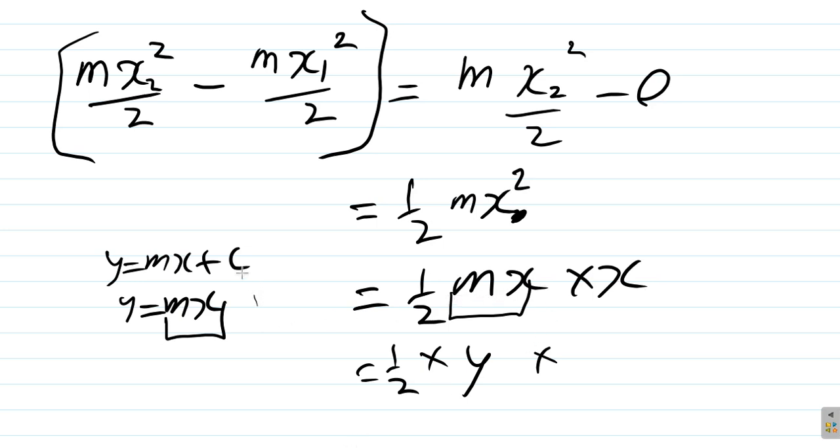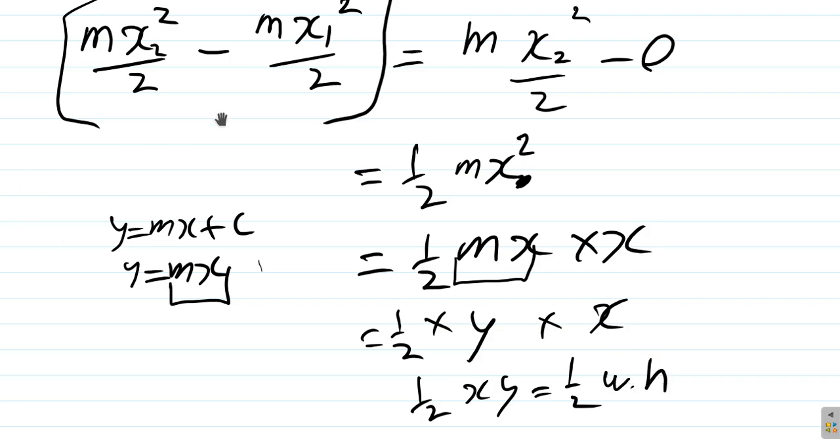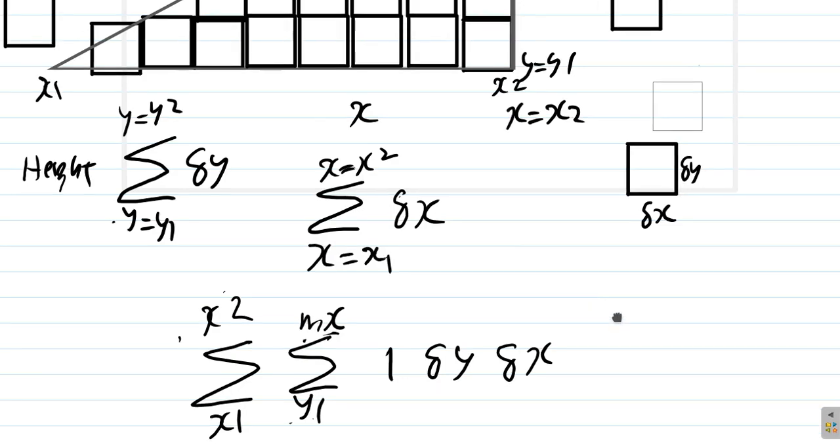But at this point, y is equal to m times x, times the width x. So this is the height, this is the width, so you can consider this half times the width times the height. Sometimes we call the width the base: half base times height. Alright?